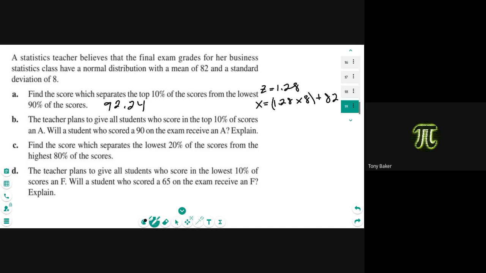Now, here's the interesting thing. What is the official score of an A at Three Rivers? 92.5, or 93, depending on how you round it up. 93 to 100 is an A. 90, 91, or 92 is an A minus.